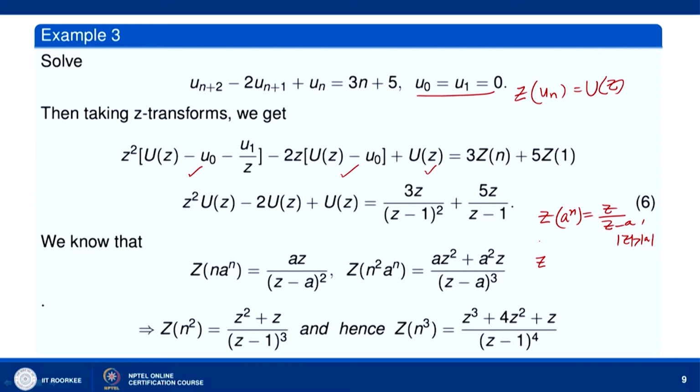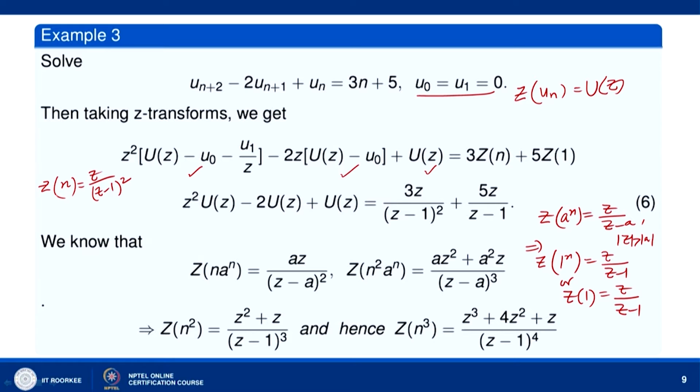Then this implies z of 1 to the power n equal to z over z minus 1, or z transform of 1 equal to z over z minus 1, and the z transform of n is z over z minus 1 whole square.